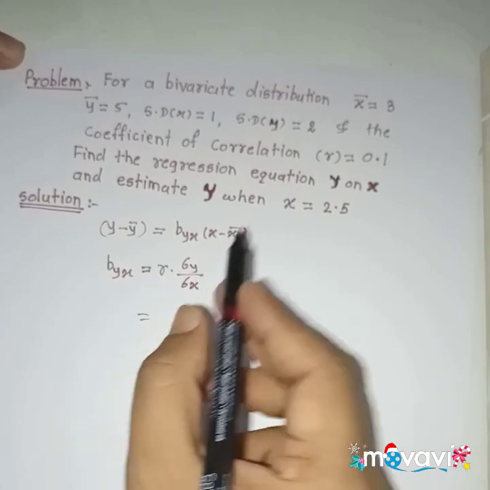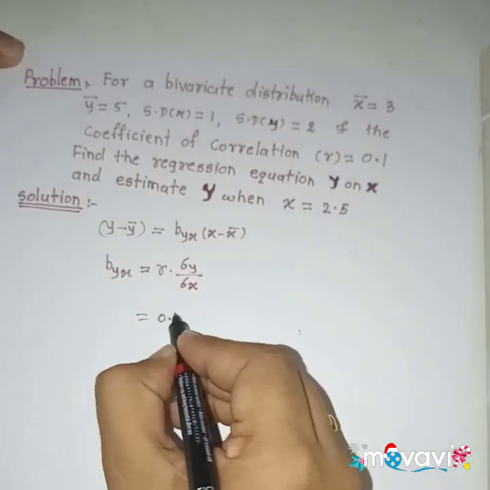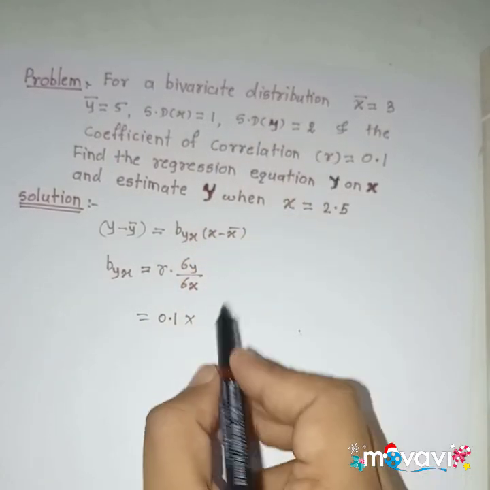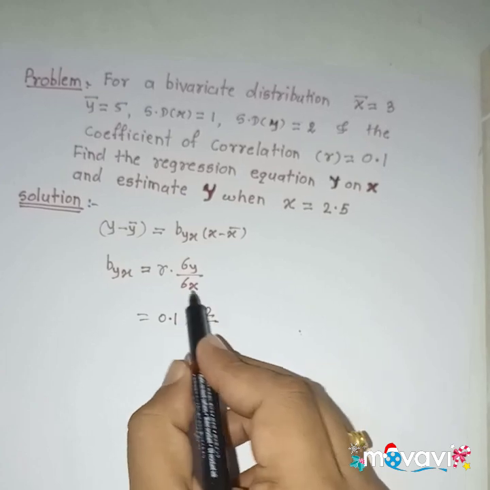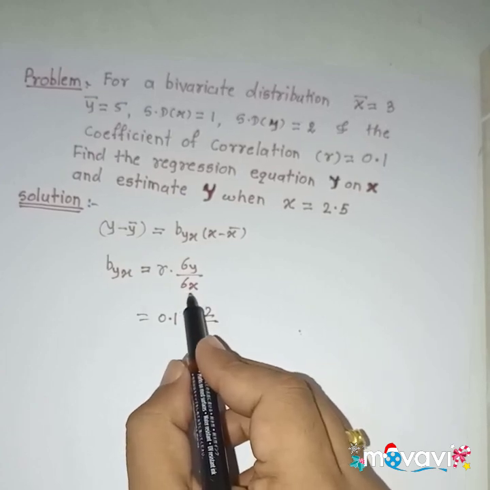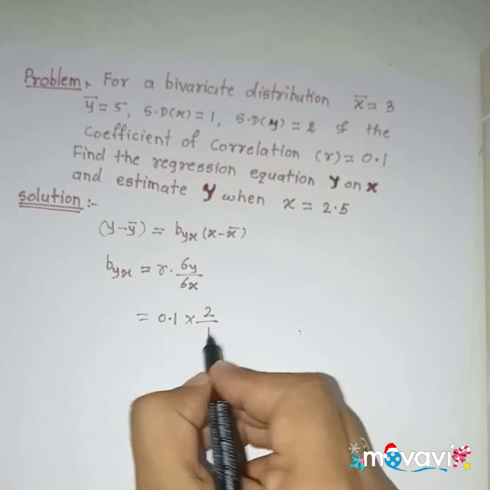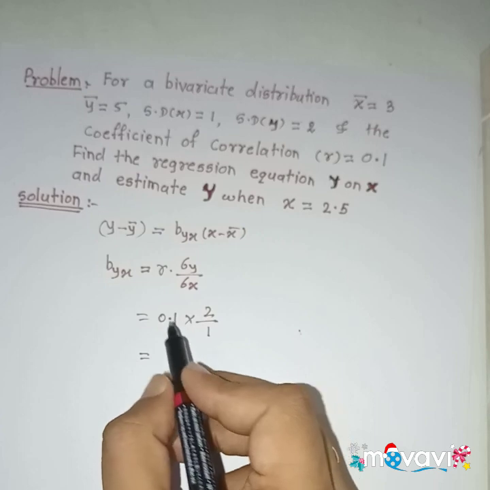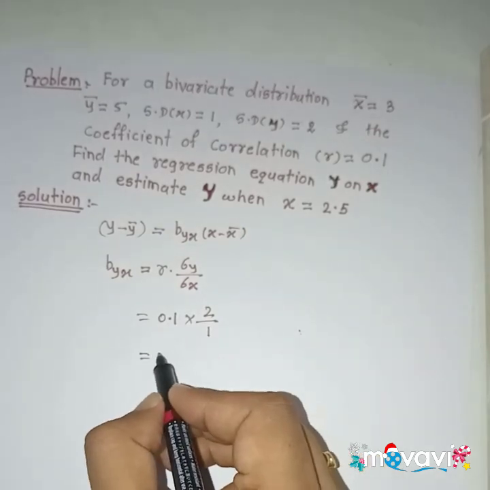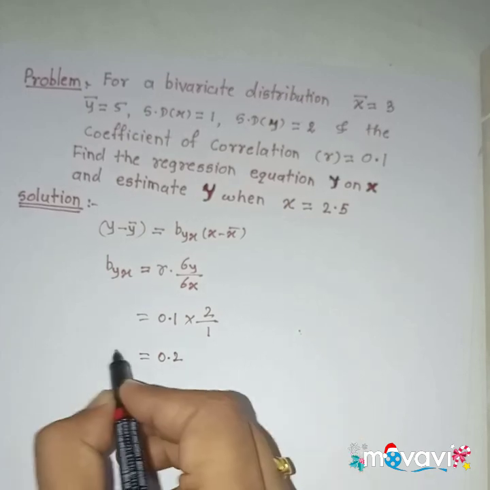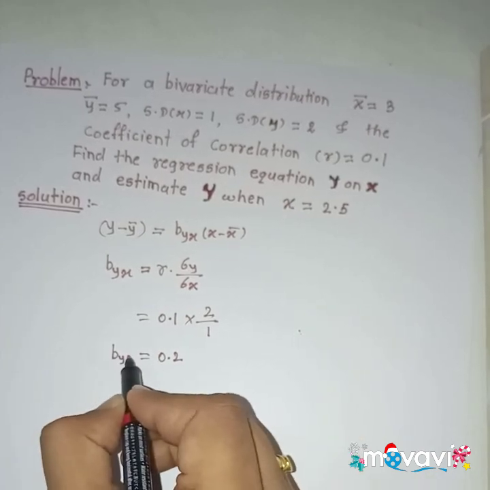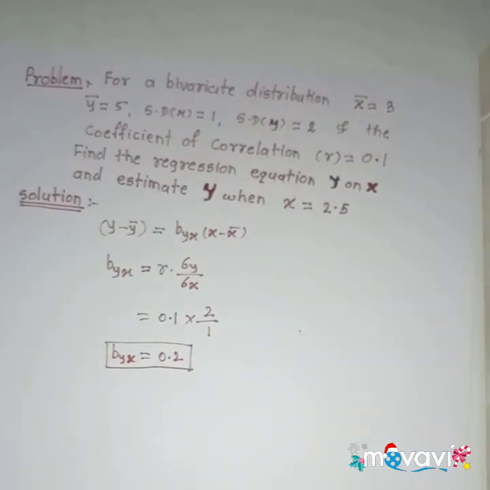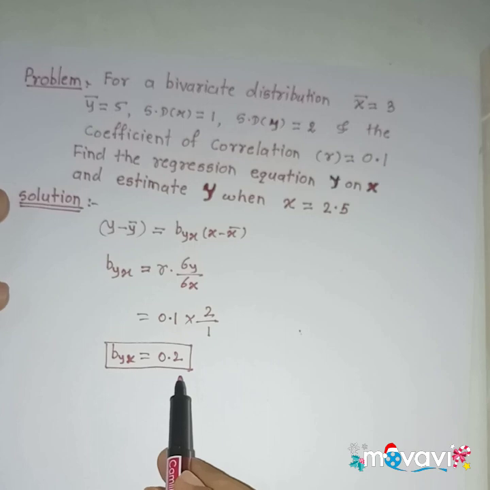So here r is given 0.1, sigma y means standard deviation of y, which is 2, and standard deviation of x, which is also given, standard deviation of x is 1. So Byx is equal to 0.2.